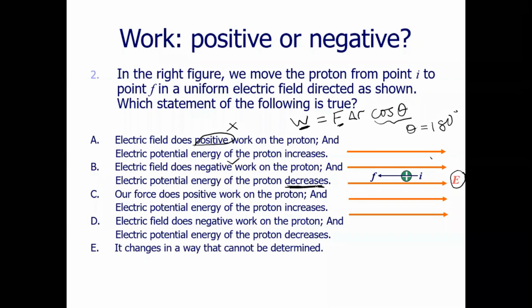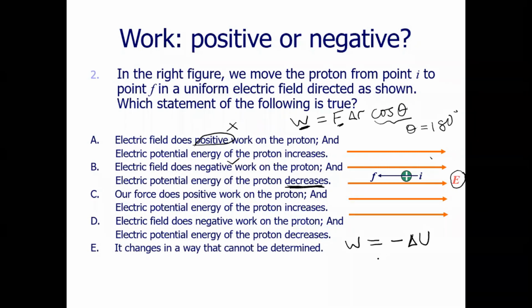What is the relationship between the work that is done by the electric field and the potential energy, according to what we have learned from the previous slides? The work done by the electric field must be equal to the negative of the change in the potential energy.